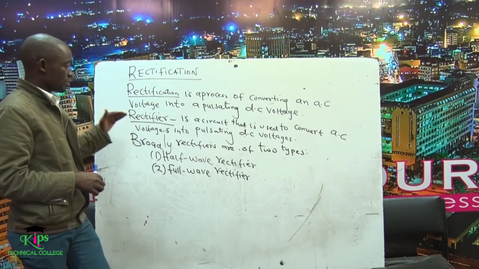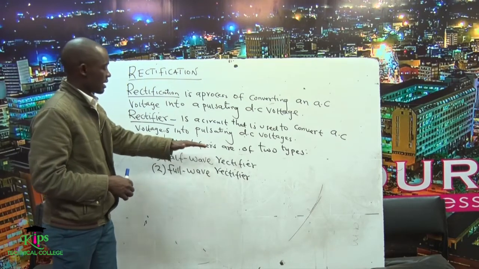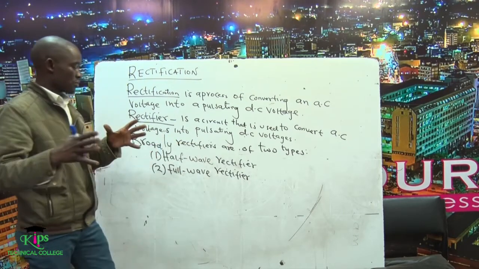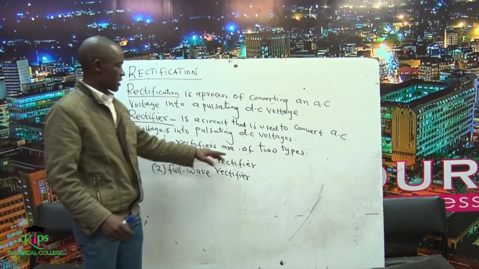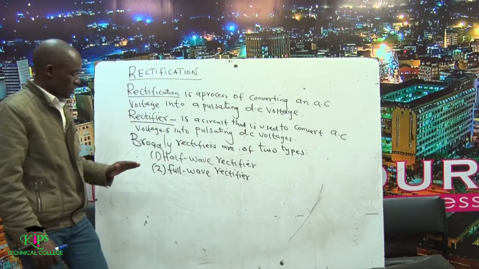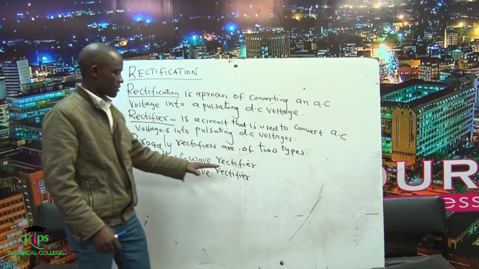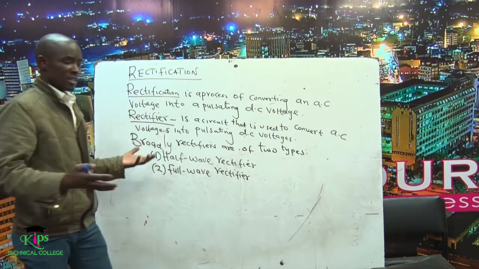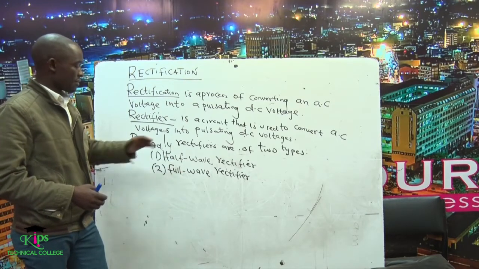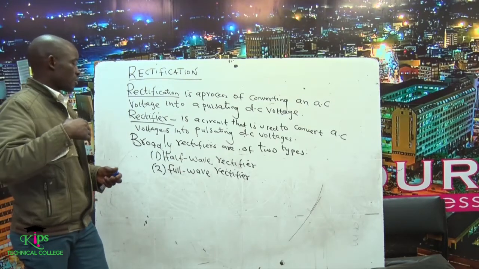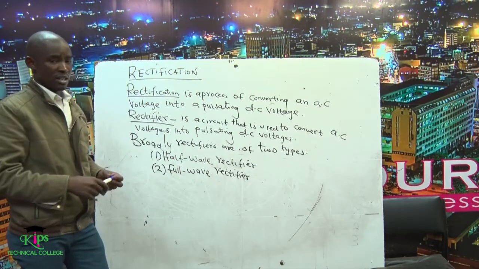So we are saying broadly the rectifier circuit can be categorized into two main groups. The first group is the half wave rectifier, and number two we have the full wave rectifier circuit. So what is the difference between the two? Half wave, from the word half, it means we are taking half of the signal.